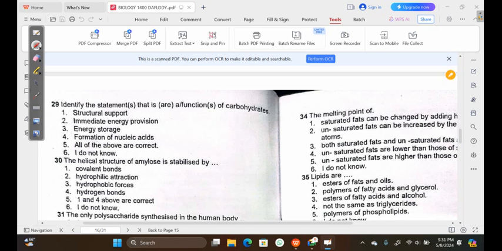So I think there's a debate there. Nucleic acid, false. Then all the above are correct. So what's the answer? If you are saying 5, you told me that 4 is false.